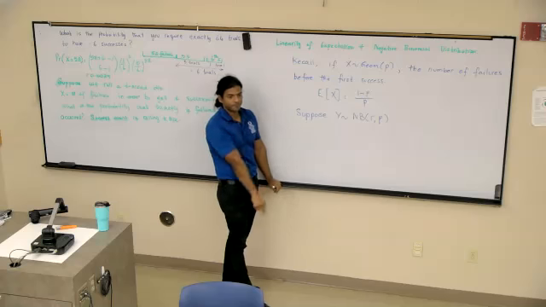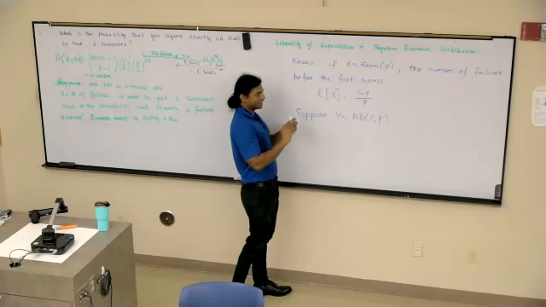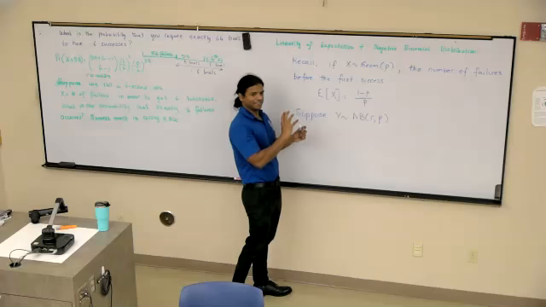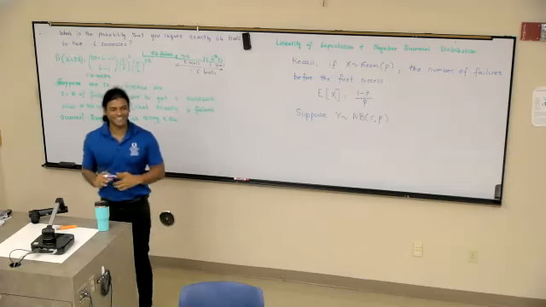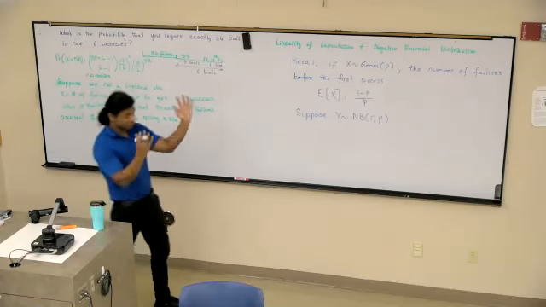Well, if it's the number of failures for the first success, then it's r equals 1. If you had a negative binomial with r equal to 1, that's just the geometric. That is very correct. So now extend the idea, Andy. Andrew. So if you extend the idea, you're correct.